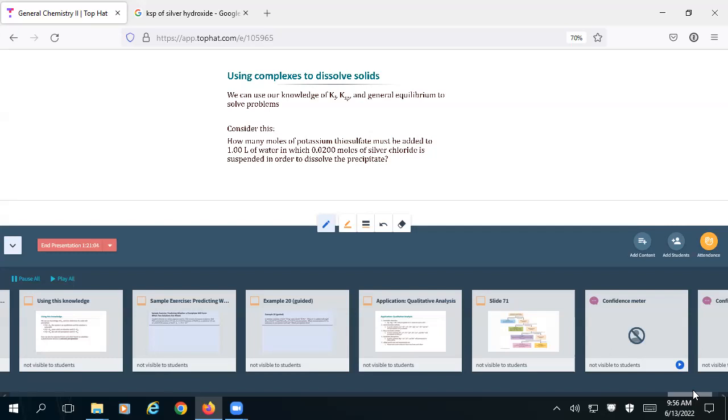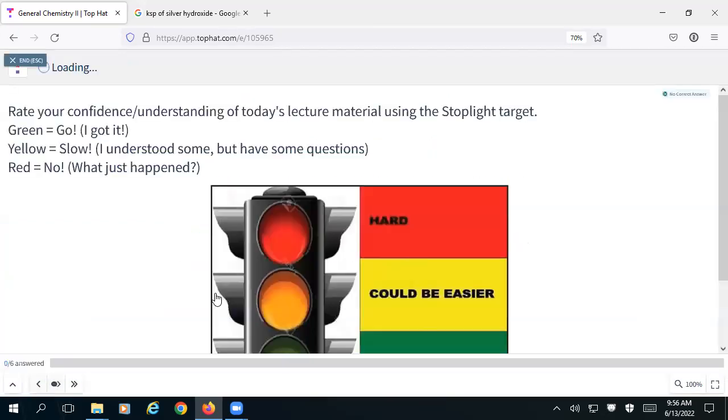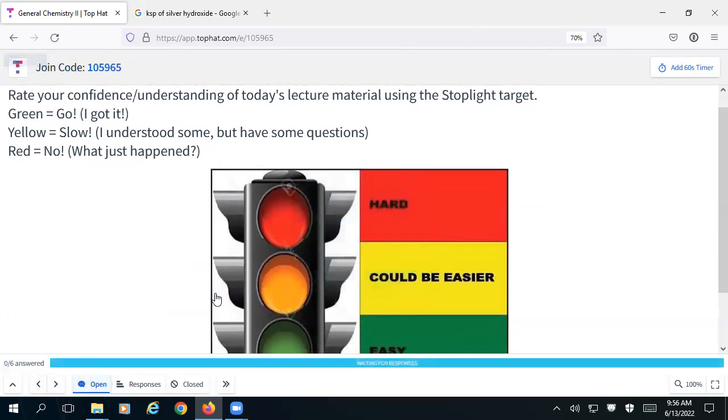For now, though, go ahead and hit the stoplight question, and then let's take a 5-10 minute break, get out, walk around a little bit, and we'll head over to the lab and get into the next phase of the group 3 analysis. So for most of you, that means unknown day.